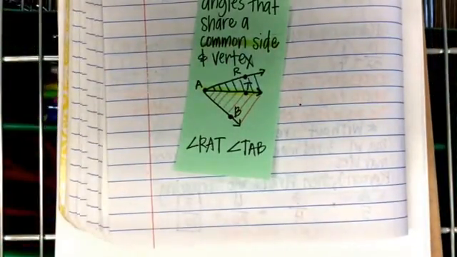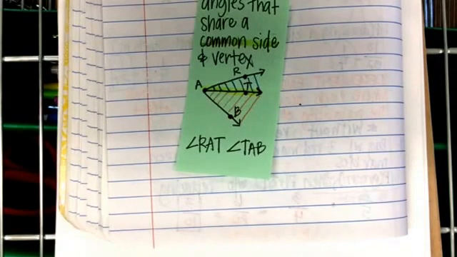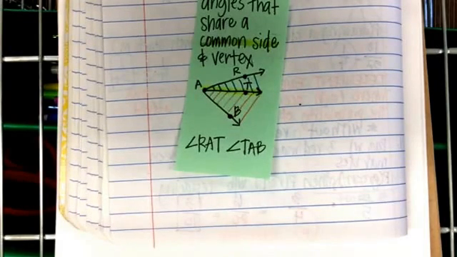Do you remember? Think back to elementary school. What does the word vertex mean? The corner of a shape. So what's their common vertex?